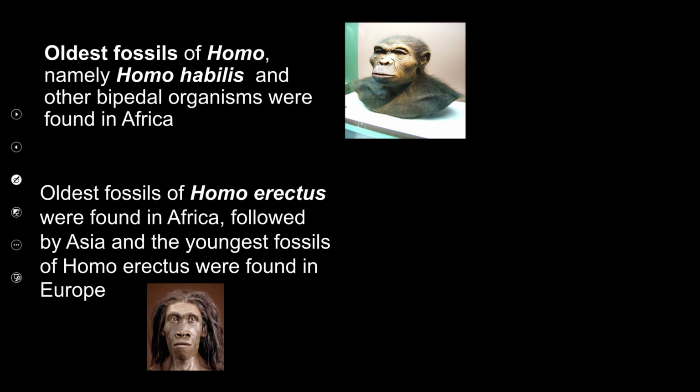Then the oldest fossils of Homo, so those of Homo habilis and other bipedal organisms, were also found in Africa. Okay, and here we can see this is Homo habilis, and then we also see that the oldest fossils of Homo erectus, so in other words, those fossils of Homo erectus found elsewhere in the world were a lot younger than the fossils of Homo erectus that were found in Africa.